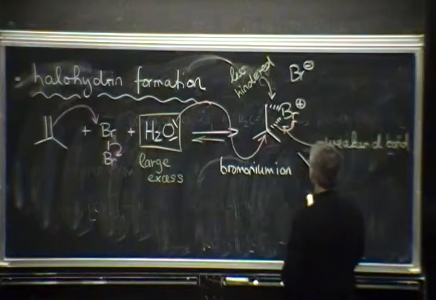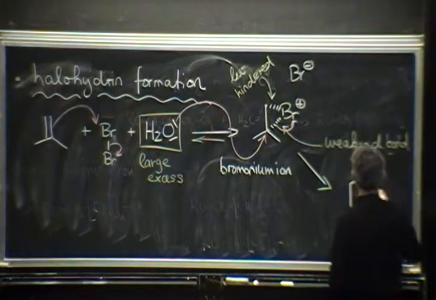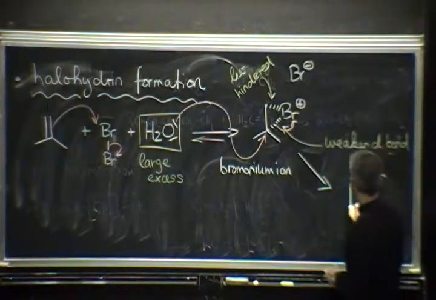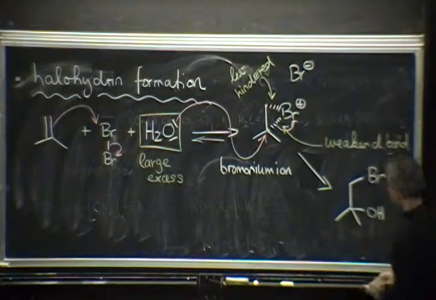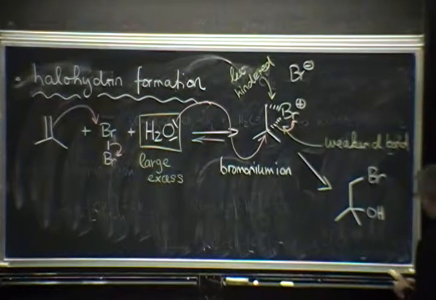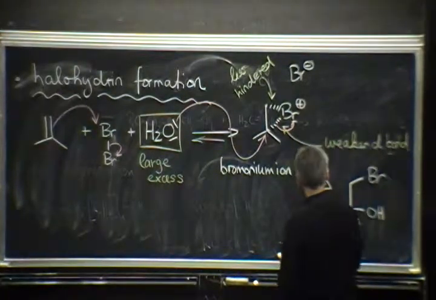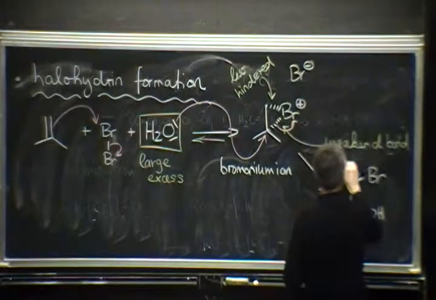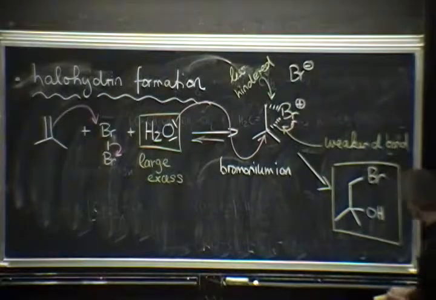So then this species opens, and what we end up with is a bromine at the less substituted side, and we end up with the alcohol at the more substituted side. So again, this is the bromonium ion that is formed in this process, and this is the consequence of the bromonium ion opening, leading to regioselectively formed bromohydrin.